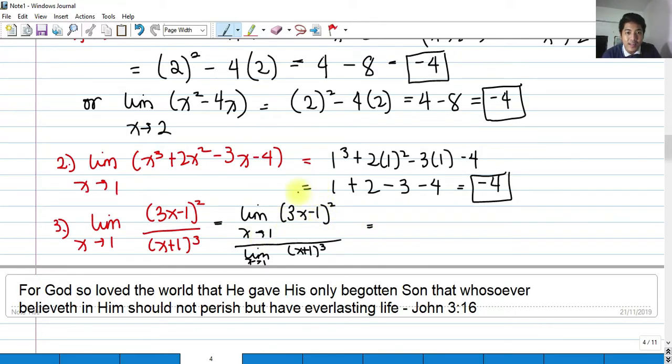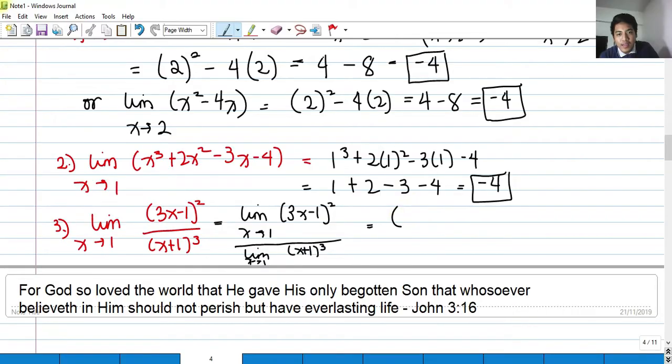That is still the same if we rewrite this square outside of the parentheses. So we simply substitute the value of 1 for shortcuts.